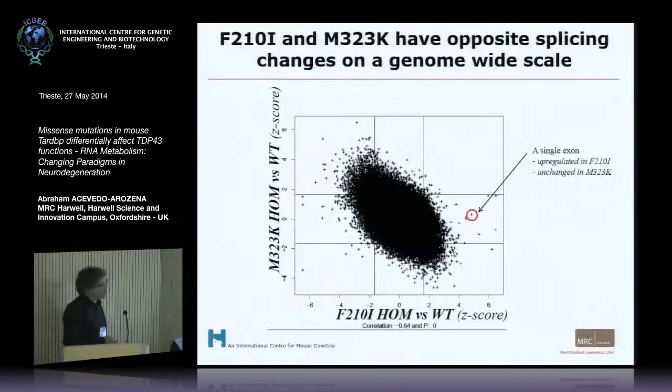If we compare this in a genome-wide manner, using embryo heads to compare between the different genotypes, we see a negative correlation, where exons that are upregulated in the F210I are downregulated in the M323K. We found this quite interesting, although it doesn't necessarily relate to the human condition.